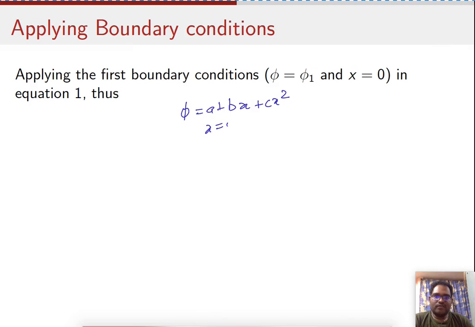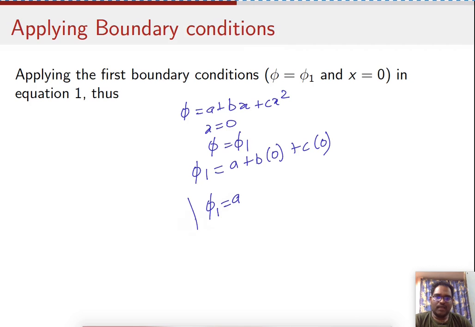Obviously we know the value of x is equal to 0 and phi is equal to phi 1. Substituting it, we have phi 1 is equal to a plus b into 0 plus c into 0, or basically phi 1 is equal to a. So now we have found out directly the value of the constant a.